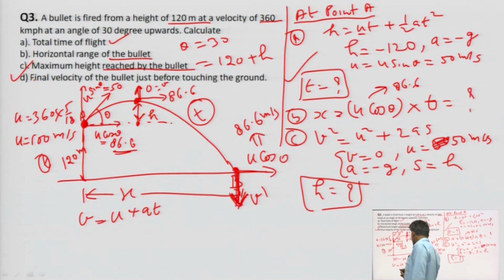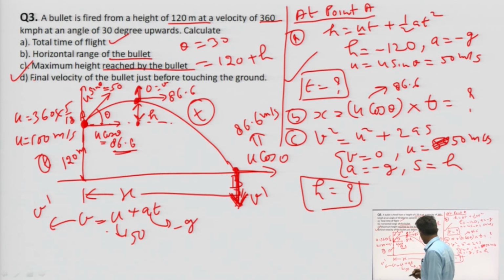Here v is v dash, u is 50, a is minus g, and t has been calculated. So, we can calculate the value of v dash.